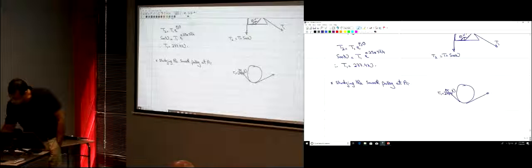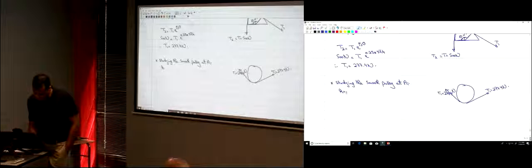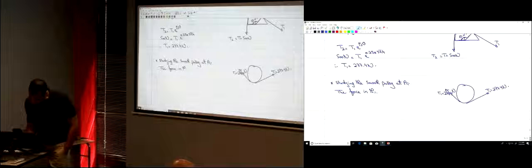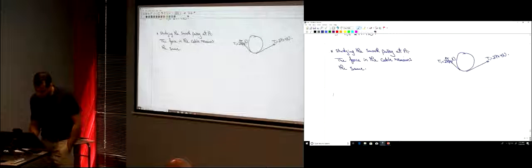It remains the same, T1 277.4 newtons. So the tensile force, or the force in the cable, remains the same. And then we're going to study the last one.